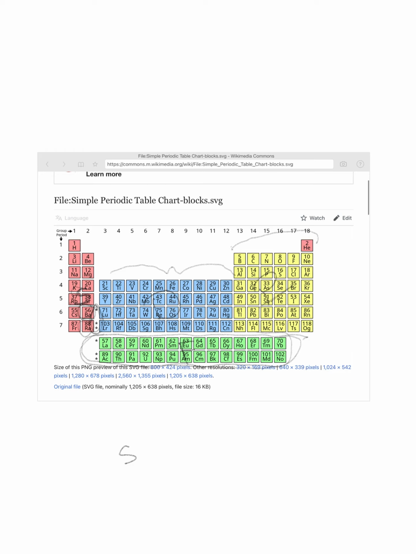So you'd actually have to stretch the periodic table out to fit that in there. So why did they put the F block down here? It's for convenience. So the periodic table will fit better in illustrations like this. That's the only reason why. And so if you're really trying to understand the periodic table, you want to think about this being here.